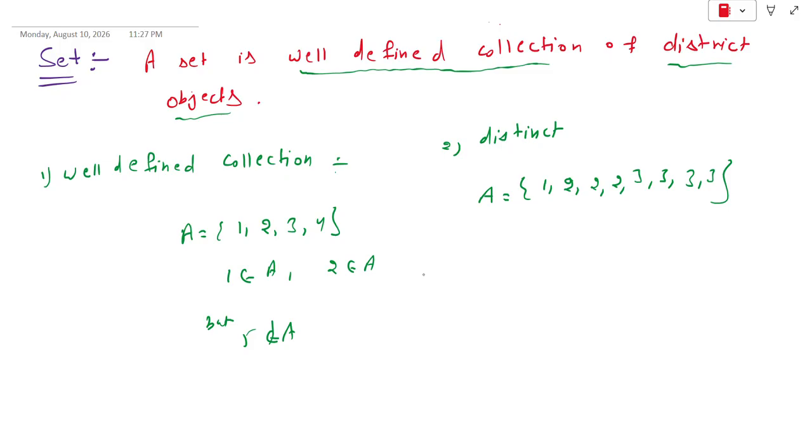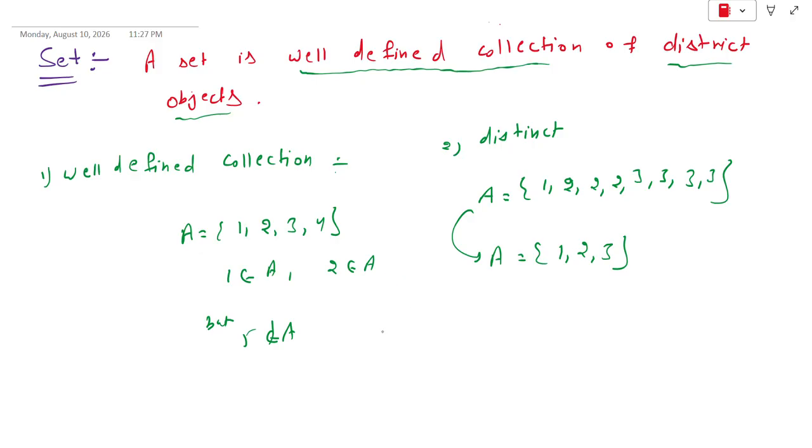So we know that a set doesn't allow repetitions. So we can also write it as A is equal to {1, 2, 3}. Repeated elements are not contained separately. So we can simply write A is equal to {1, 2, 3}.